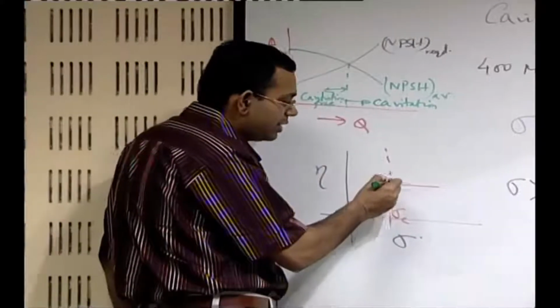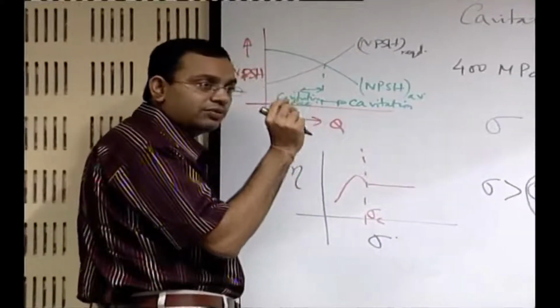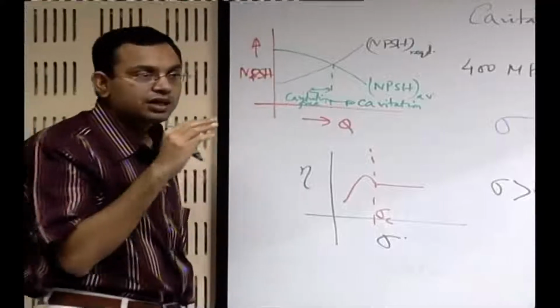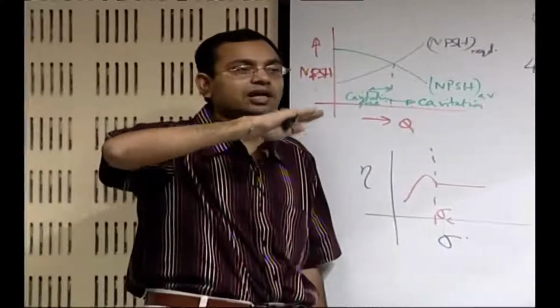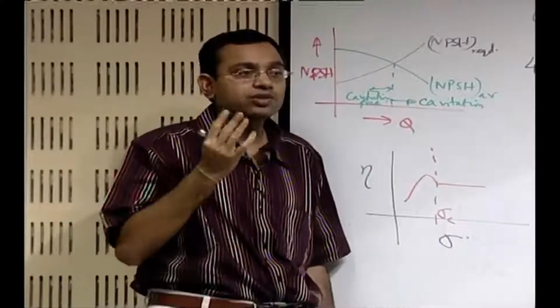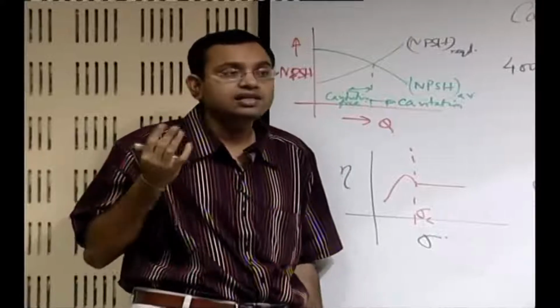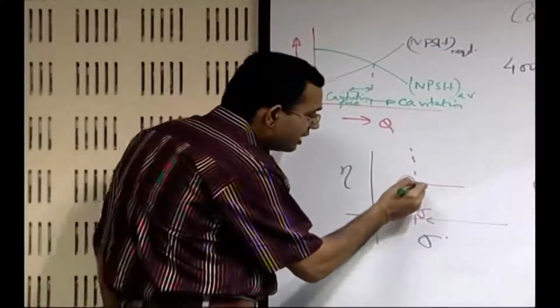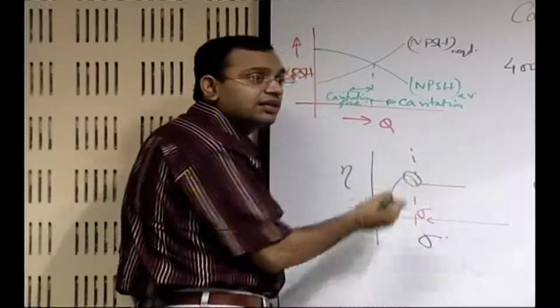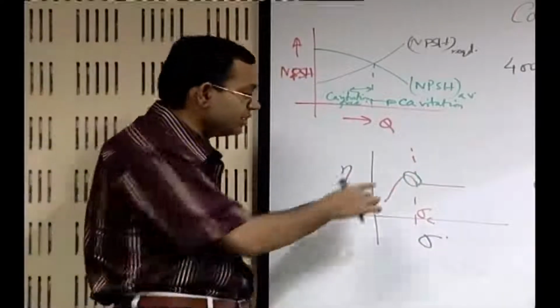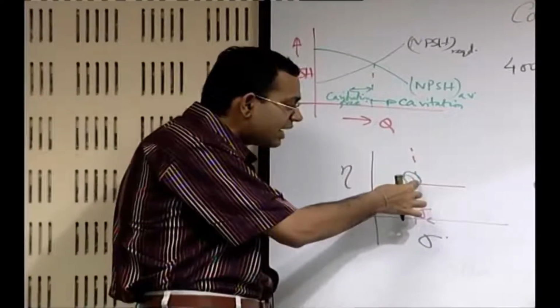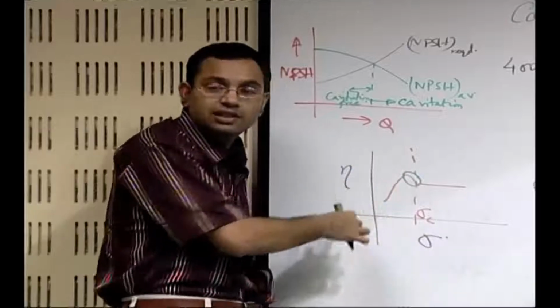Here, first bubbles are formed. When the bubbles are formed, they form a very nice blanket on the blade, so the blade friction decreases. That is why there is a momentary increase in efficiency, you can see. So it is not that cavitation has occurred and therefore there is a reduction in efficiency.